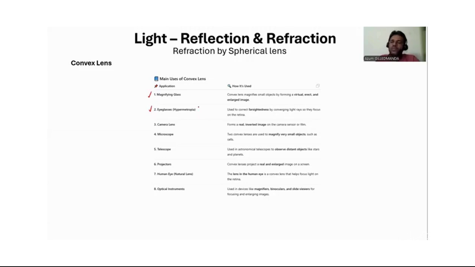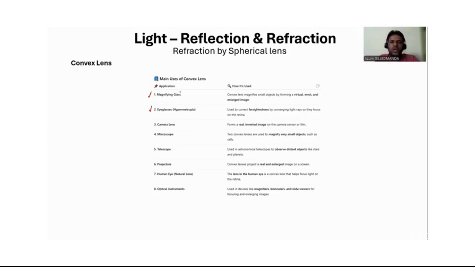We have short-sightedness and far-sightedness. For short-sightedness, we use a concave lens. For far-sightedness, we use a convex lens. Far-sighted means you can see far objects, but not close objects.